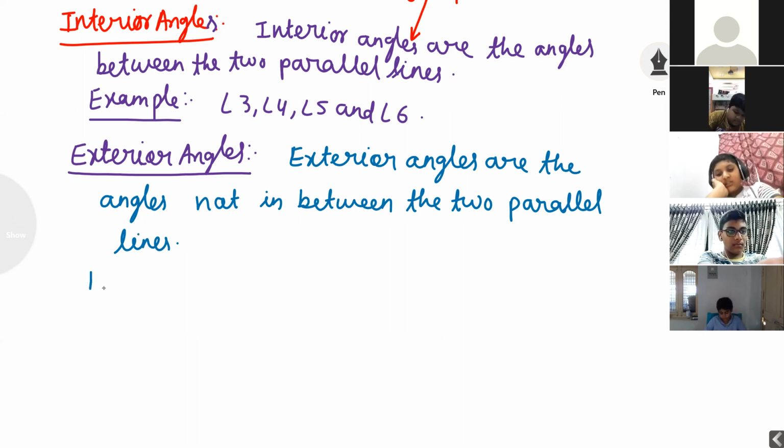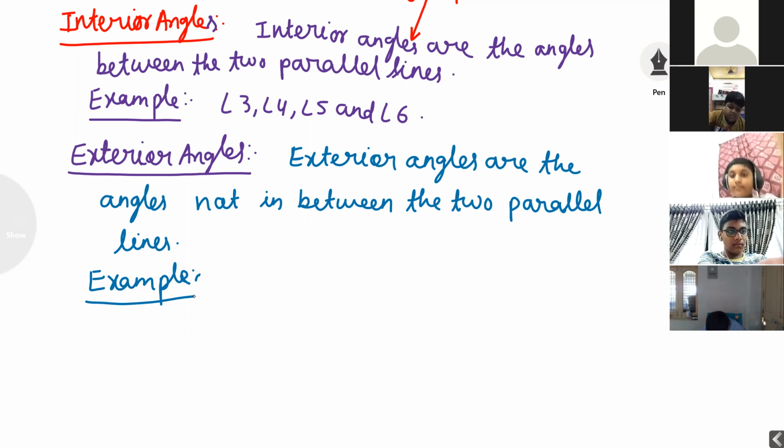Example, you are observing, students, in this figure. Outside angles are what? Angle 1, angle 2, angle 7 and angle 8.